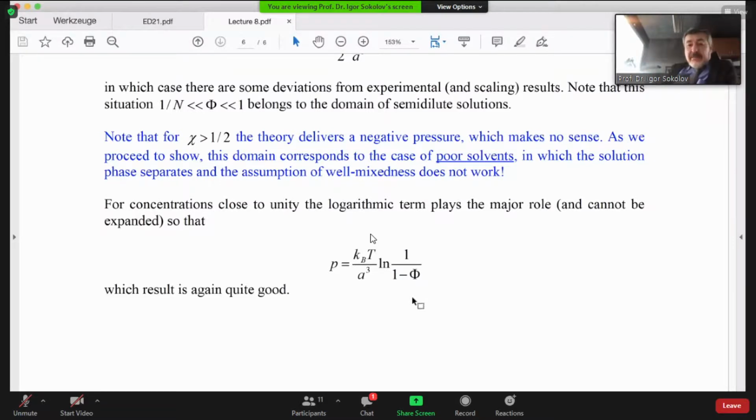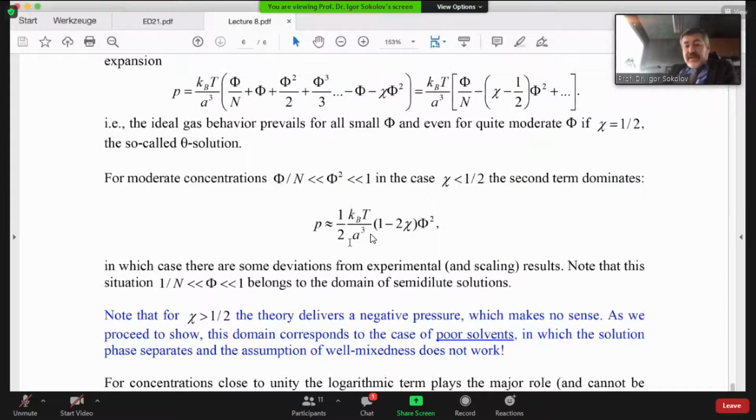And in a semi-dilute regime, it gives you this quadratic approximation, which is good. It's not excellent, but it's good. It's qualitatively correct. But the approximation breaks down in the case of poor solutions, which are characterized by the value of the Flory Huggins parameter, which exceeds 1/2.